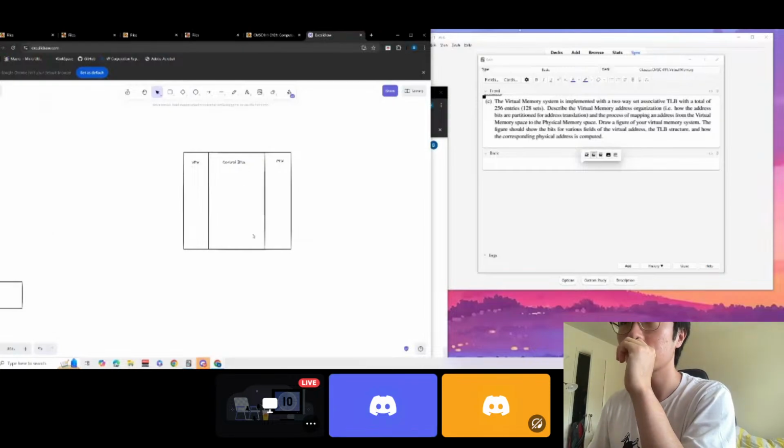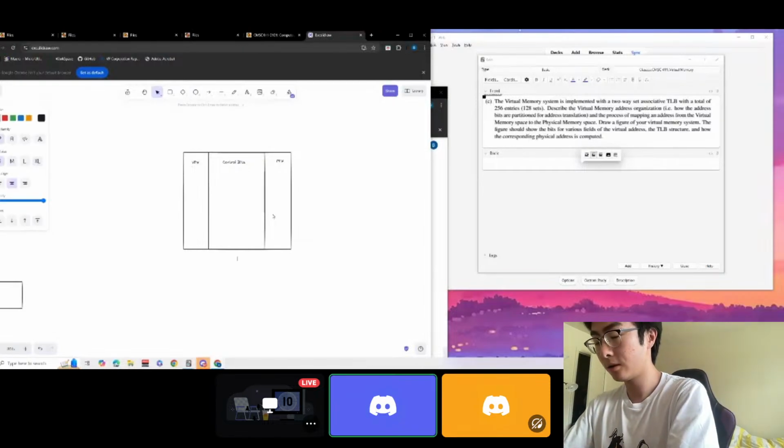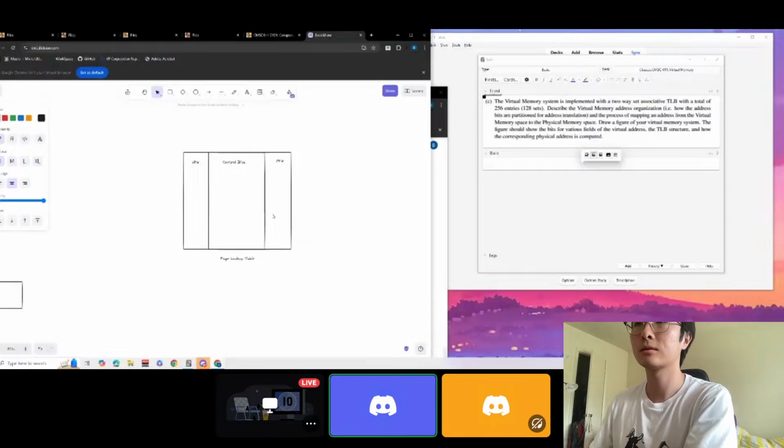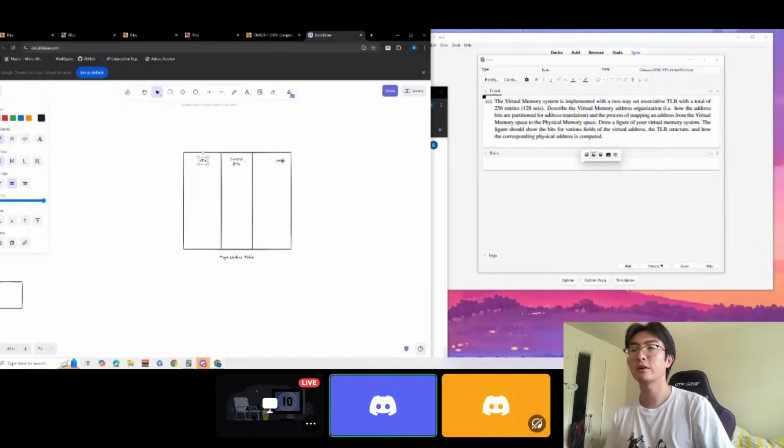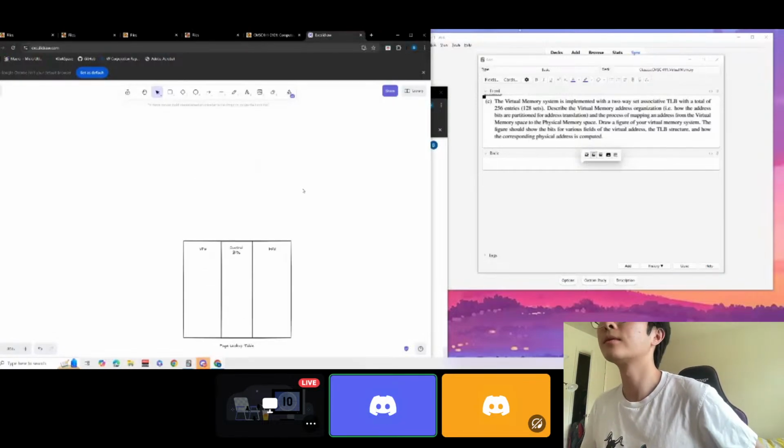This will be our page lookup table. This is probably not drawn to scale, because our physical frame number and our virtual page number are going to be a bit bigger.